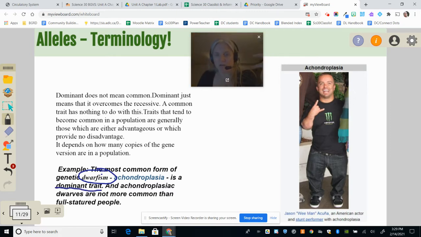So in your mind, you're thinking, oh, wow, if it's a dominant trait, it should be really popular. Well, it's not very common, right? And not very common at all. But it's because this dominant allele is not in a high concentration in the population. Okay, so the majority of people have the recessive allele for this, so it doesn't come up in our genetic pool.